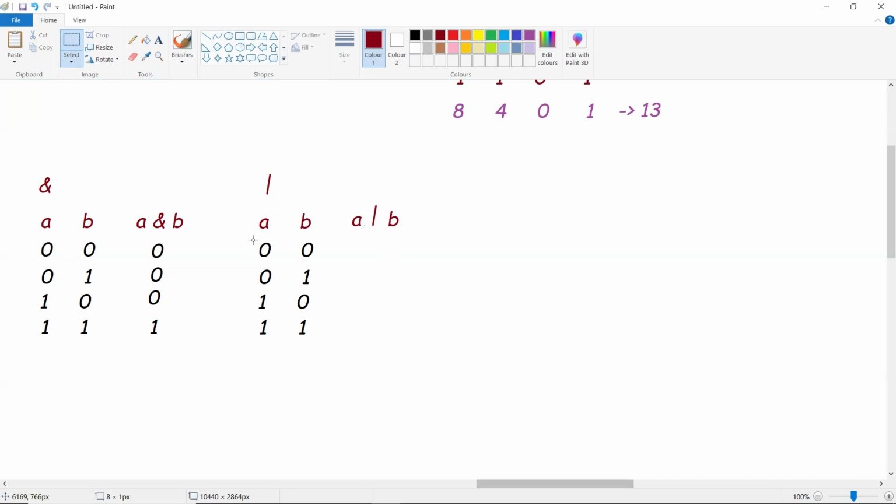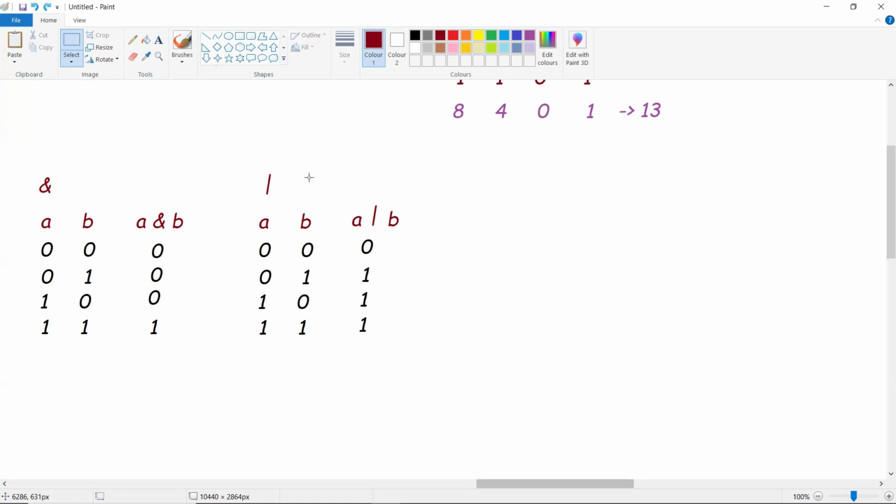In the first case, both bits are zeros, so of course the output would be 0. Now 0 1: among these two, one bit is 1, so the output would be 1. 1 0, the output would be 1 again. 1 1, the output would still be 1. So this is bitwise OR.